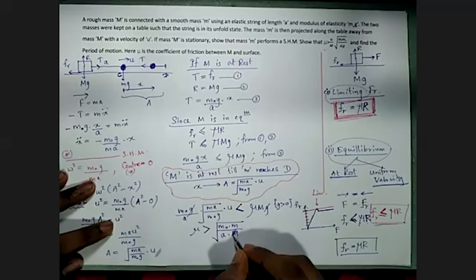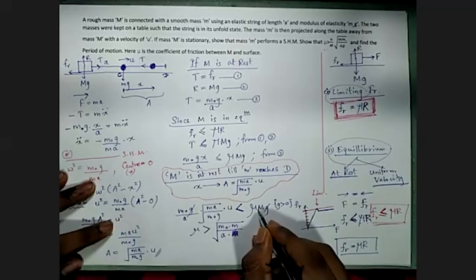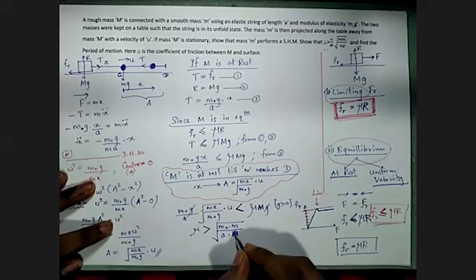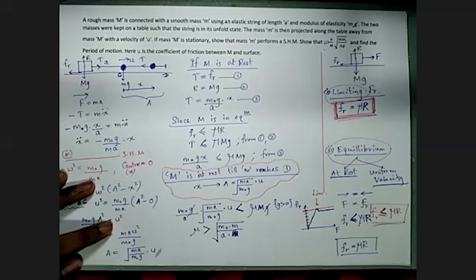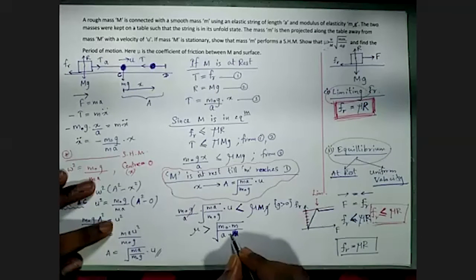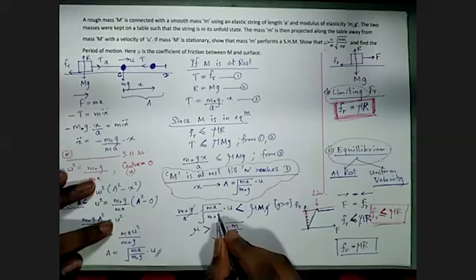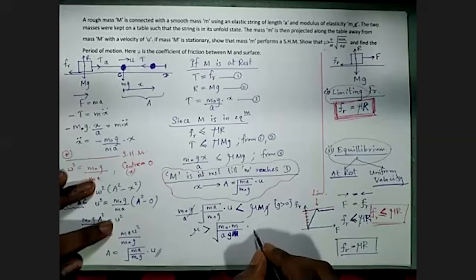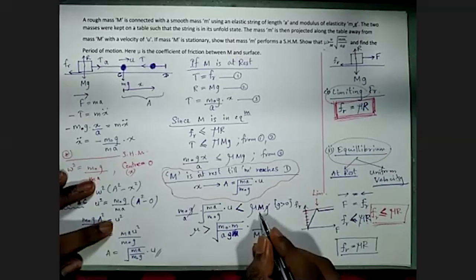Sorry, not capital M. Capital M is not in the square root. Here we have a and square root g. Then capital M goes to the denominator and in the numerator we have u.